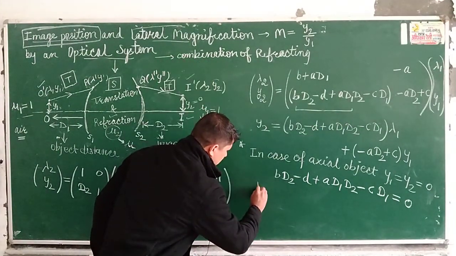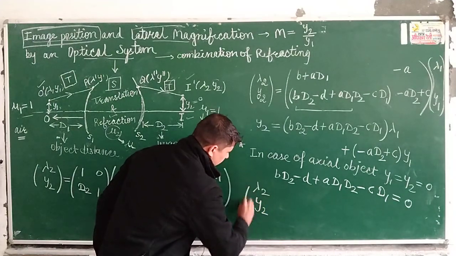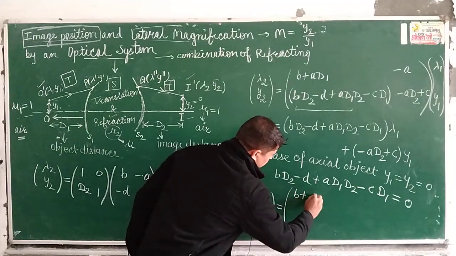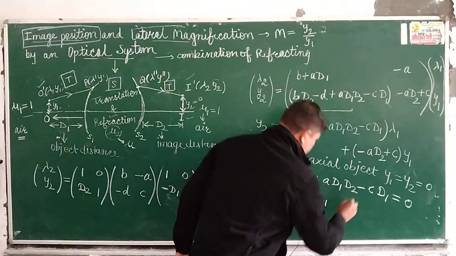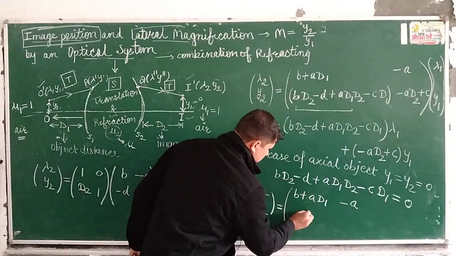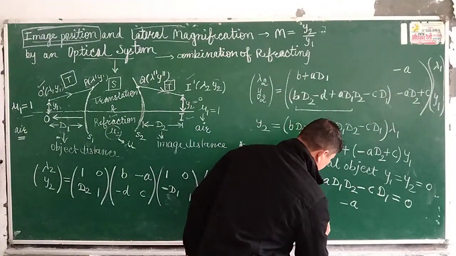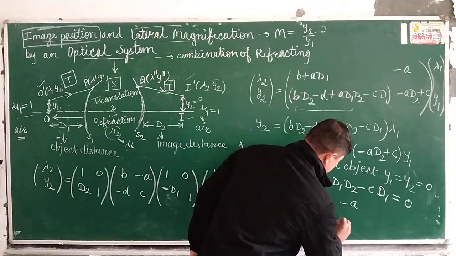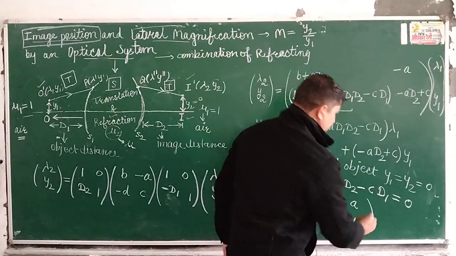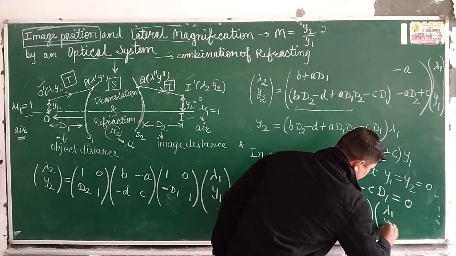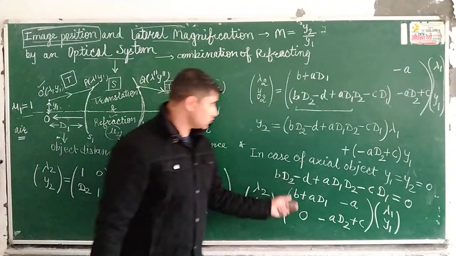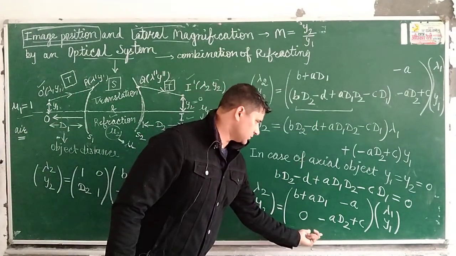So the general matrix will be lambda 2 y2 equal to, this is b plus a d1, and then you have minus a, and then you have this equal to 0, and then you have minus a d2 plus c, and then you have lambda 1 and y1. Okay, now we have reduced the optical system matrix to this matrix.